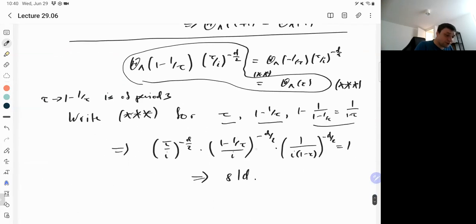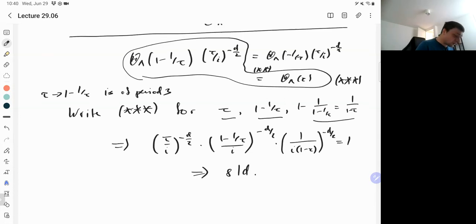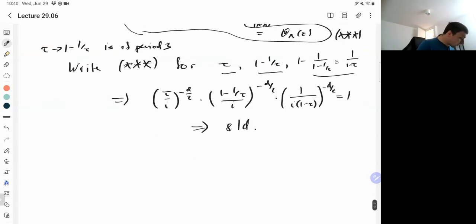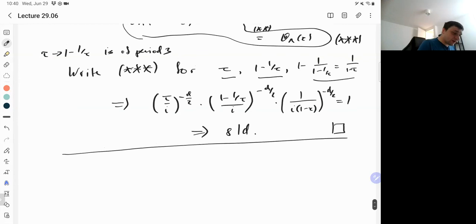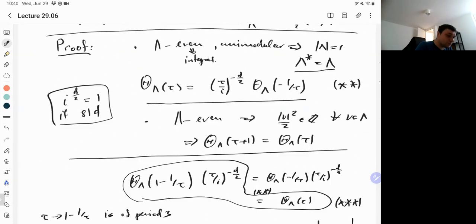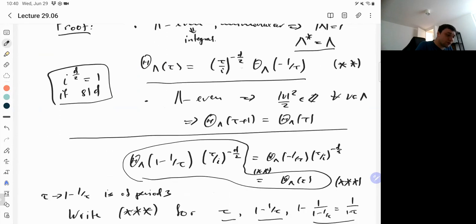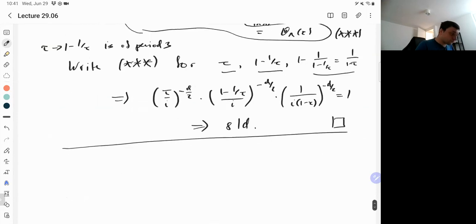Whenever you have these quantities, they are principal branches. So we kind of proved it. And the claim that it's a modular form is implicit now. It follows from these two properties, from periodicity and this thing, double star.